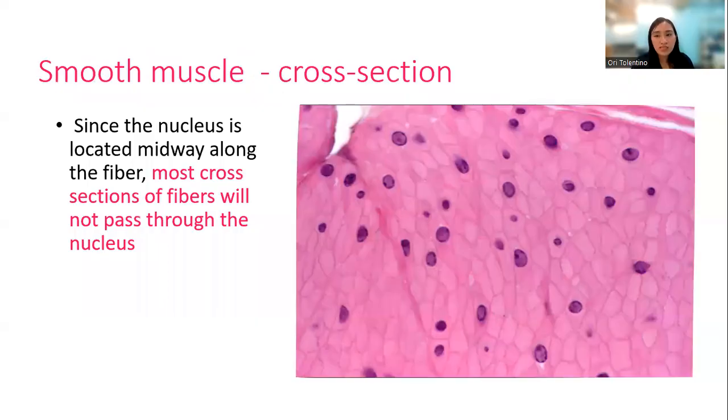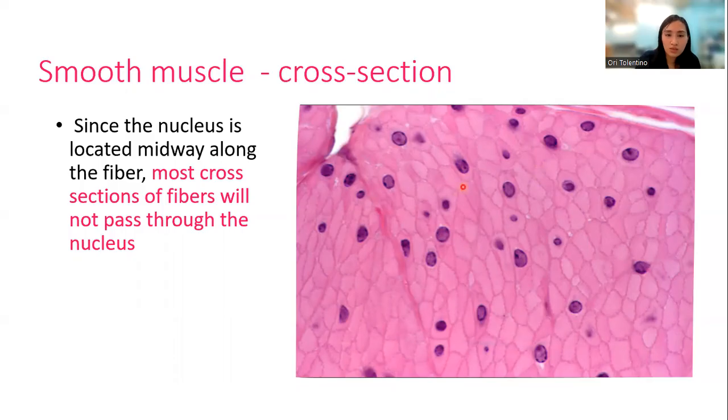This is also a smooth muscle, but it's a cross section. Since the nucleus is located midway along the fiber, most cross sections of the fibers will not pass through the nucleus. Since they are arranged like this, some of the nuclei are in the middle of the fiber elsewhere.